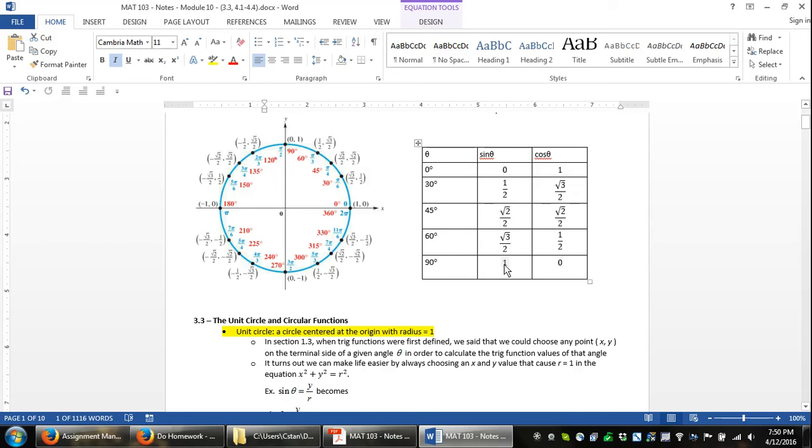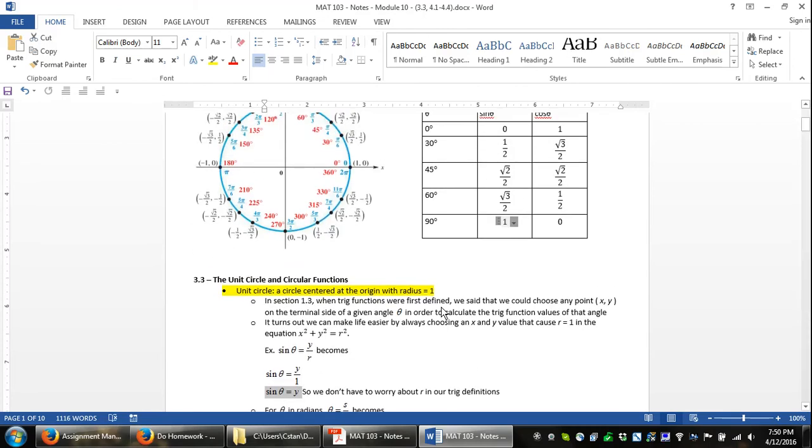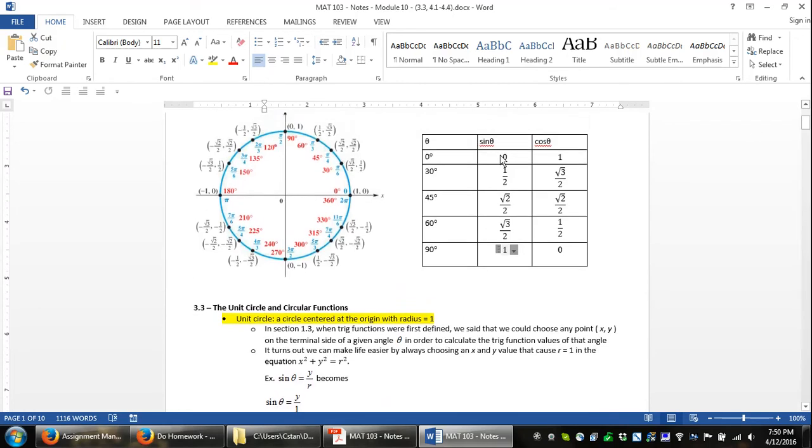Now, according to our definition, sine is equal to y. You can actually see that one right here. The sine of our angle is equal to y, excuse me. Well, on our unit circle, we can find the sine value of any angle by looking at the y-coordinate on the terminal side of that angle. So at 0 degrees, our terminal side is right here, and the y value of that point is 0.